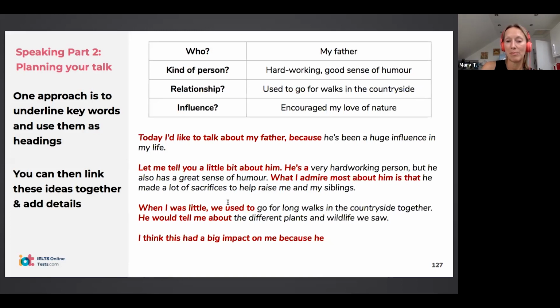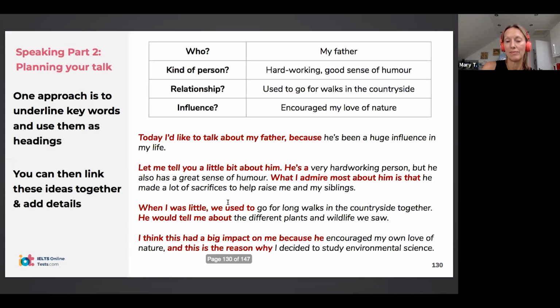And then I think this had a big impact on me because he encouraged my own love of nature. And this is the reason why I decided to study environmental science. As you can see, this answer has everything in it. It's got linking expressions, collocations, lots of different tenses, and good vocabulary.